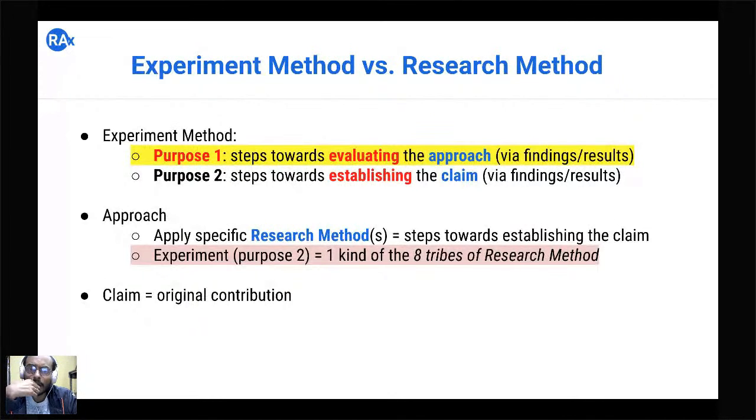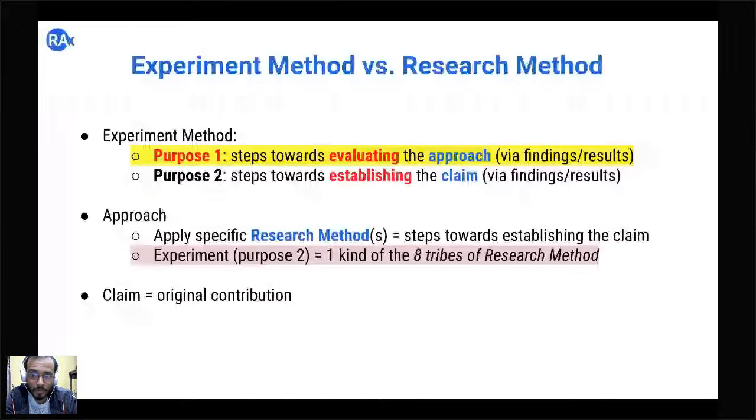The other purpose of conducting experiments is actually to establish the claim itself. If you are making a claim and you need to establish that claim, the only way to establish it is to conduct certain experiments, right?